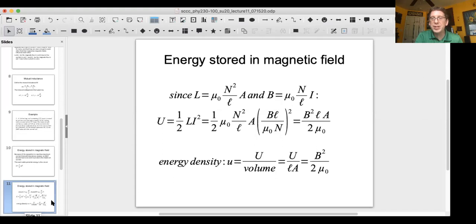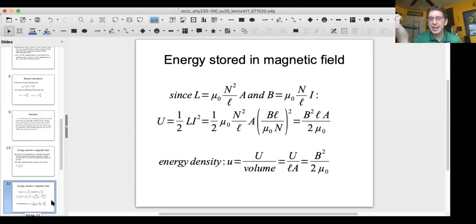You're left with B squared times script L times A divided by 2 over mu naught. But script L times A is just the volume of the solenoid, the volume inside your coil of wire. So you can write the energy density small u, that's U divided by the volume, as being equal to B squared over 2 divided by mu naught.